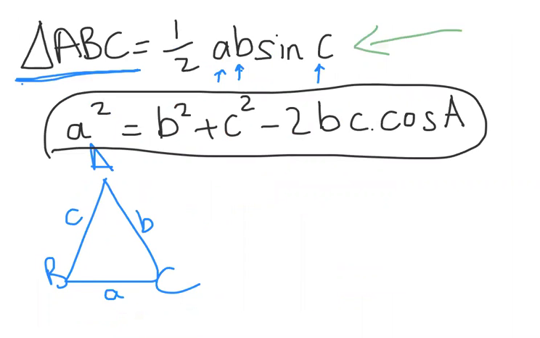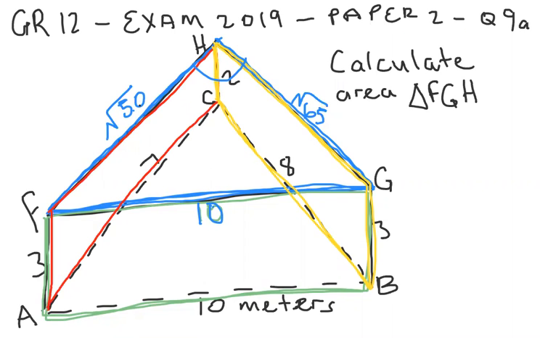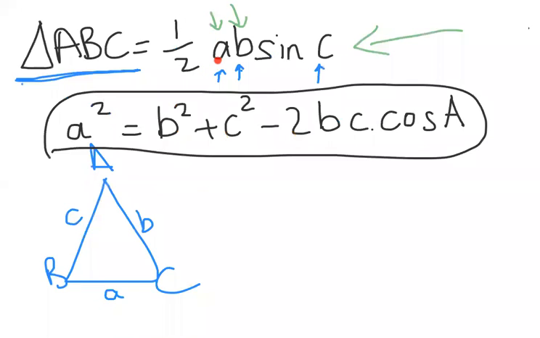We have two sides, side a and side b, which in the big sum are square root of 50 and square root of 65. But if we can get that middle angle as well, then we can use this formula to calculate the area of triangle ABC.